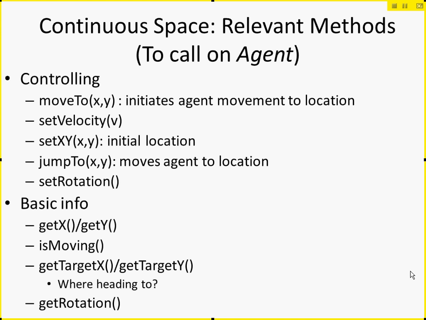Okay, so these are factors for controlling agent movement. For interrogating agents as to their characteristics, we can ask them for their current X and Y location. We can ask them, are they moving? If they've arrived at a destination, they are simply awaiting orders and they may no longer be moving. We can ask what their target is, where are they heading to, and we can ask what their rotation is. Rotation is associated with their depiction on the screen.